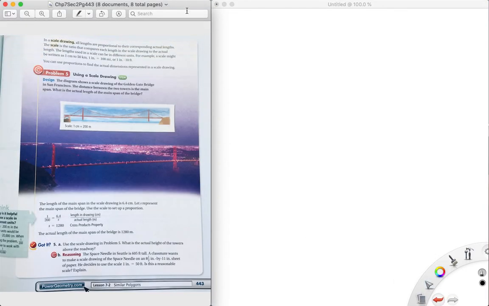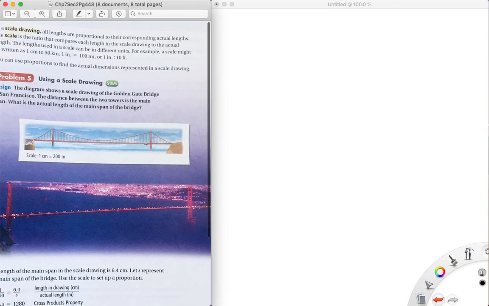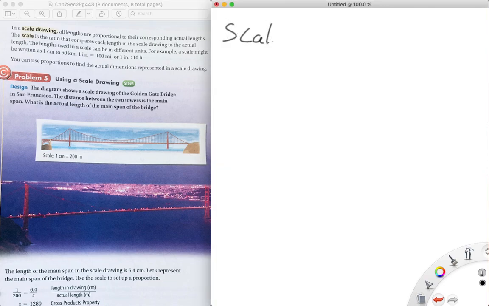The last thing we're going to talk about is scale drawings, which is the same thing as using sort of like a scale factor. A scale drawing is just a picture that's a representation of a real life model, or the model is a representation of a real life figure. A scale is to me the same thing as a scale factor.